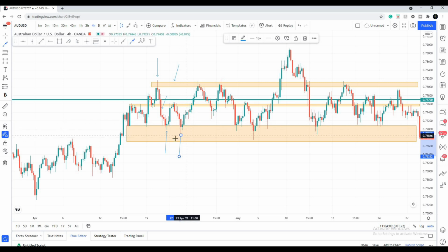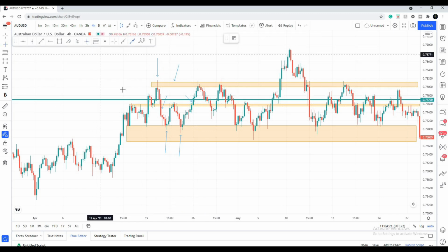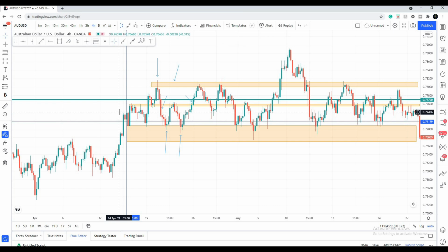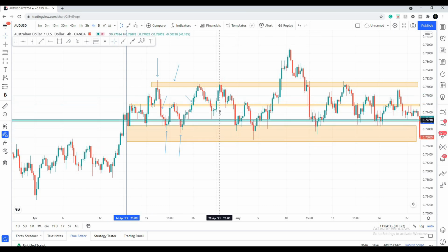Okay, and so here we have another buy trade. We can see it breaks through our mini resistance here, so we could have had that as another entry. And as you guys know, what we would have done is just place our stop loss just below that point, right? So it would have been over here.